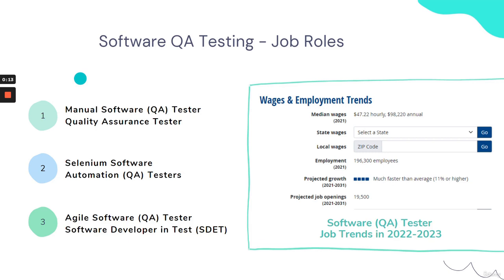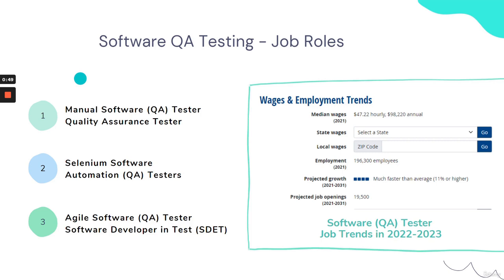Some of these positions are manual software QA tester, quality assurance tester, Selenium software automation QA tester, agile software QA tester, and software developer in test or SDET.